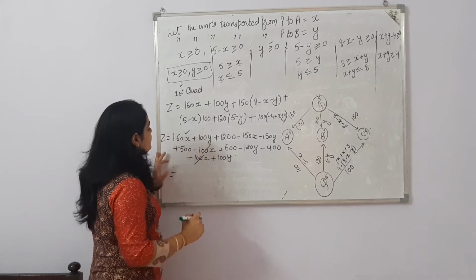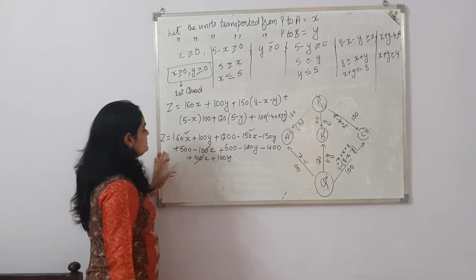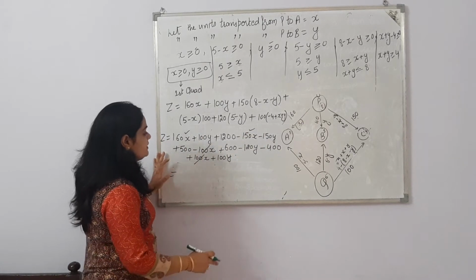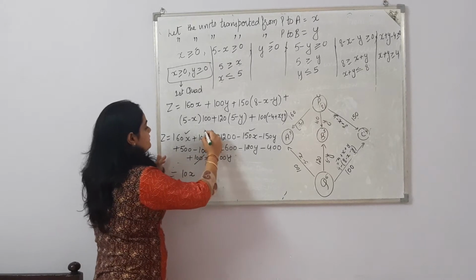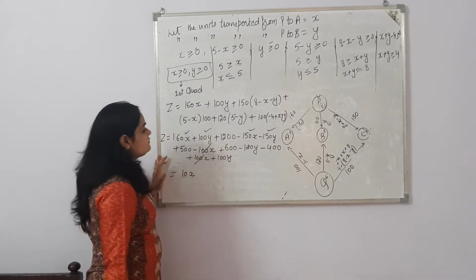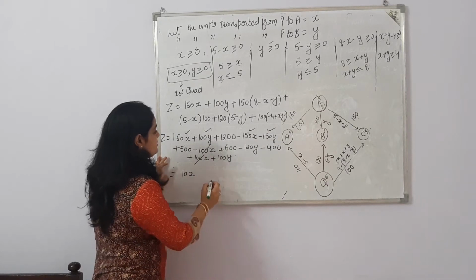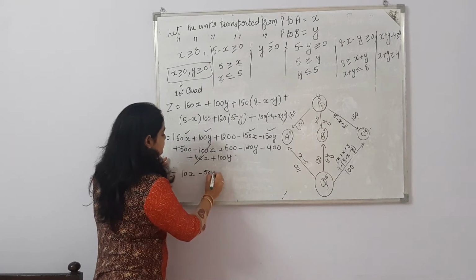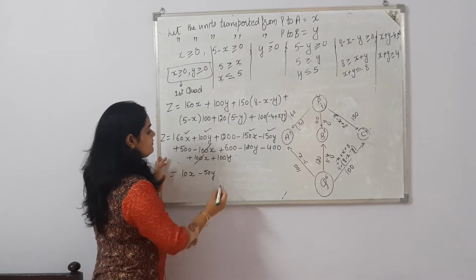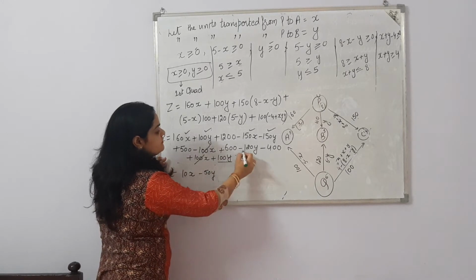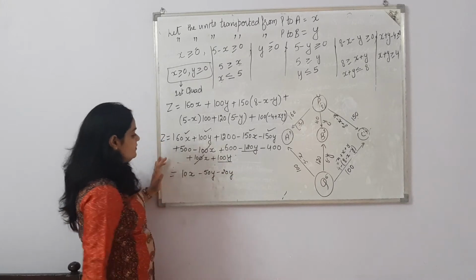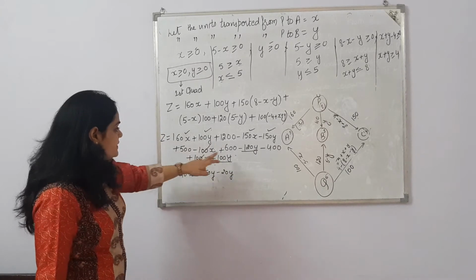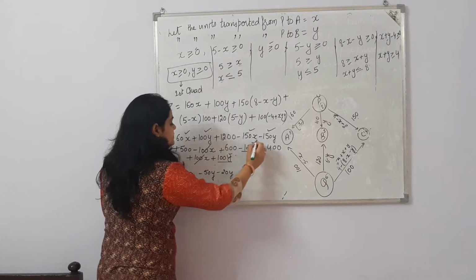So 160x minus 150x becomes 10x. Now we have 100y minus 150y, which becomes minus 50y, and here we have 100y and minus 120y, which becomes minus 20y. Okay, I have solved these terms.